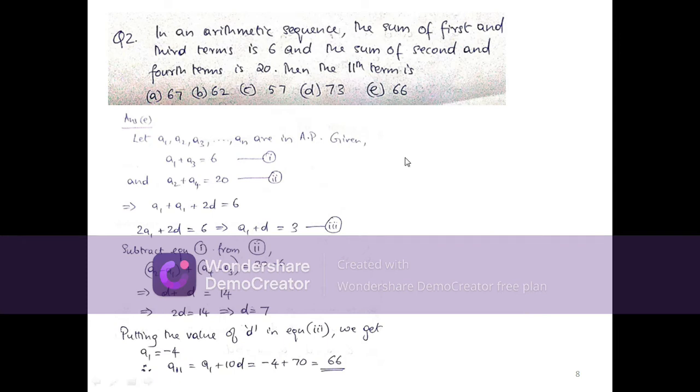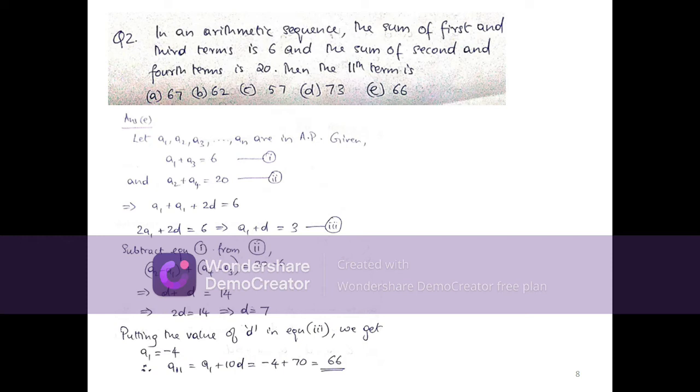First we'll substitute: a1 plus a1 plus 2d equals 6, from equation 1. So 2a1 plus 2d equals 6. You take 2 outside, a1 plus d equals 3. You can name this equation 3.